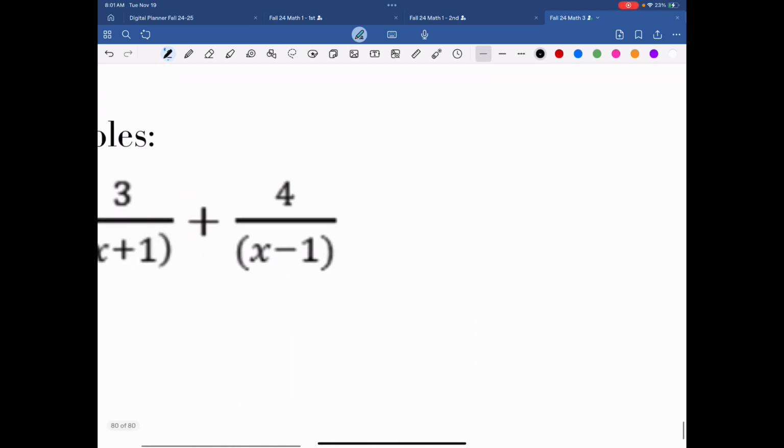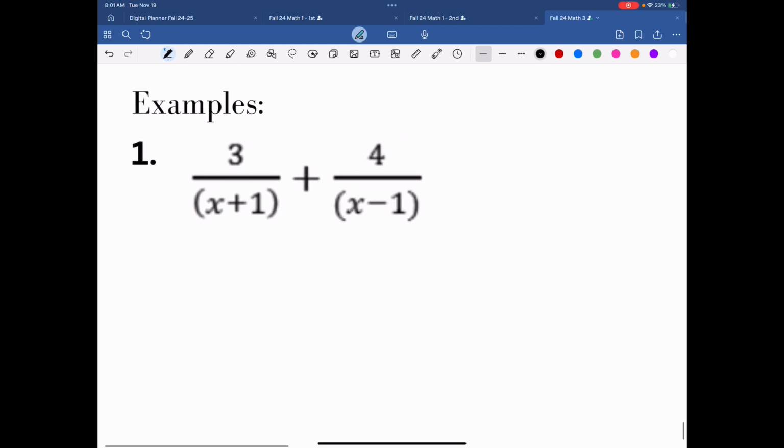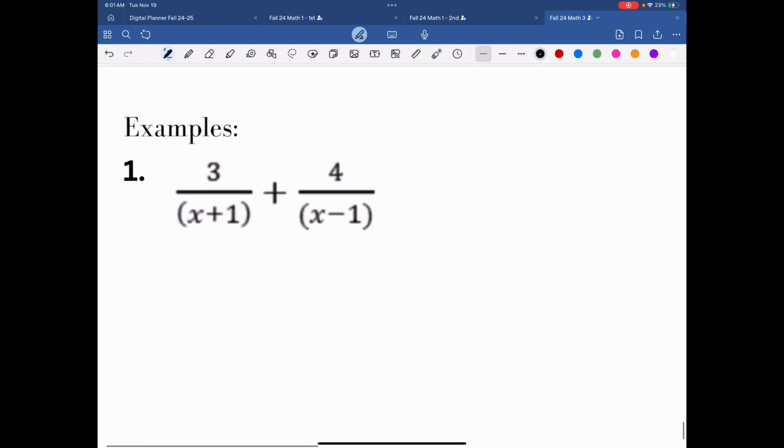Alright, so for our next example, we need to figure out how to add these together, and we need to figure out their common denominator. Now, one thing I notice is they do look very similar, but this one is a plus and this one is a minus. So they are not the same. So my LCD is going to be x plus 1 and x minus 1.